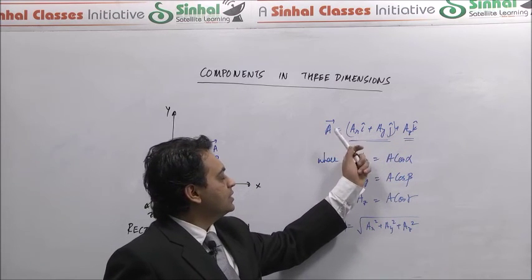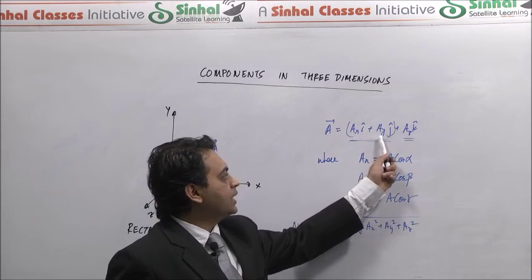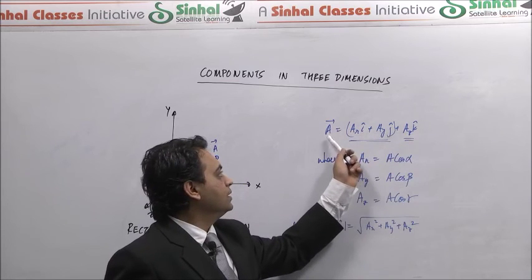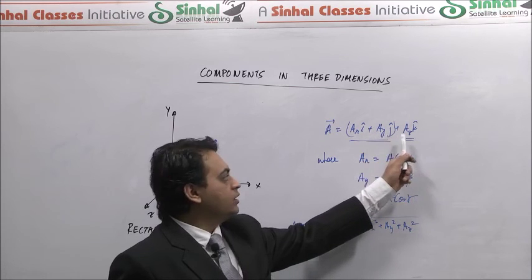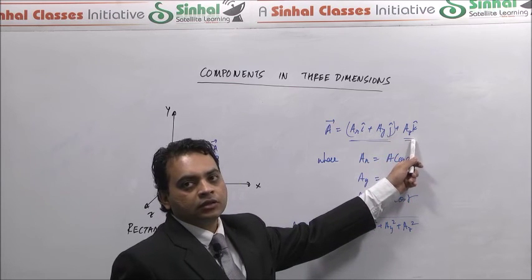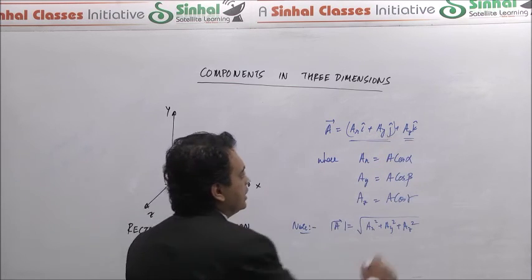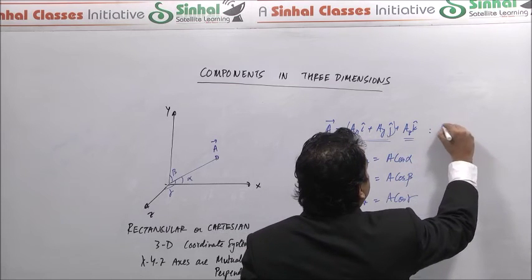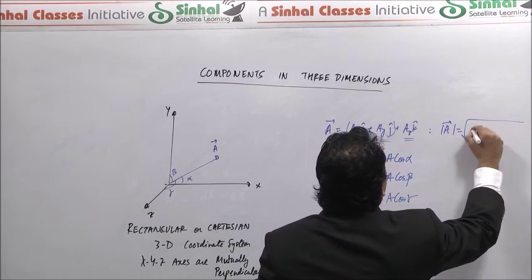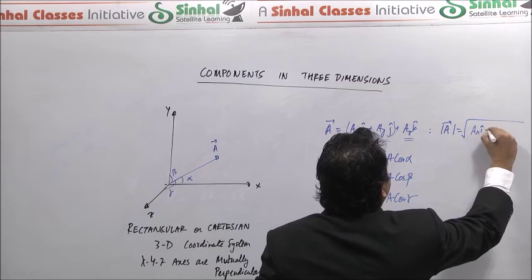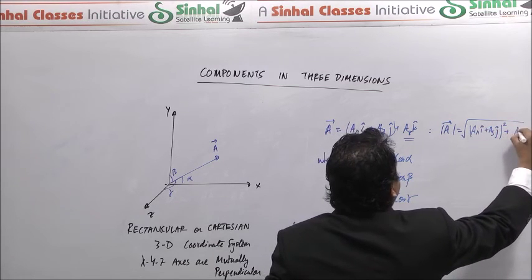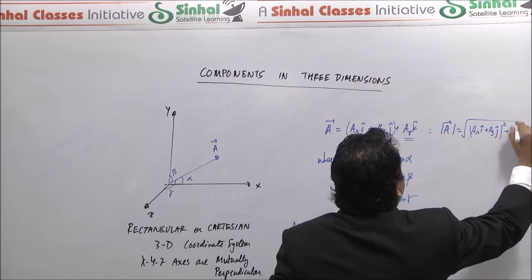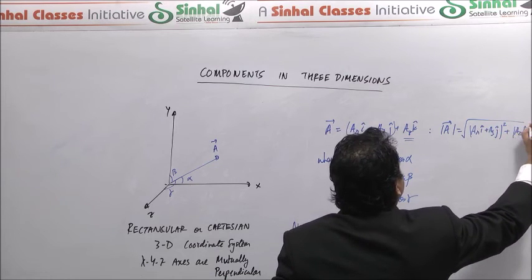So if you express it as the sum of these two vectors, the one in the bracket and this one, then the magnitude of the sum should be square root of this one's magnitude square plus this one's magnitude square. So basically we can say that from here mod A would be square root of the magnitude of ax i cap plus ay j cap, squared, plus the magnitude of az k cap, squared.